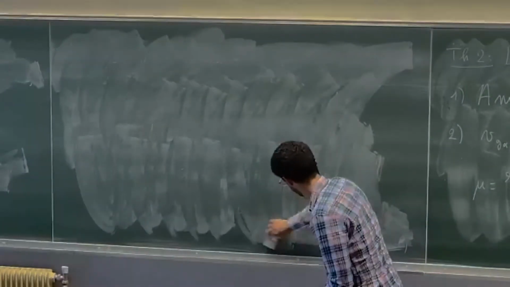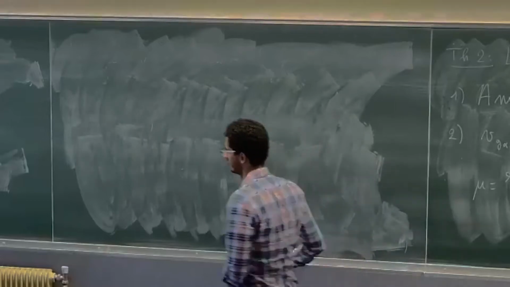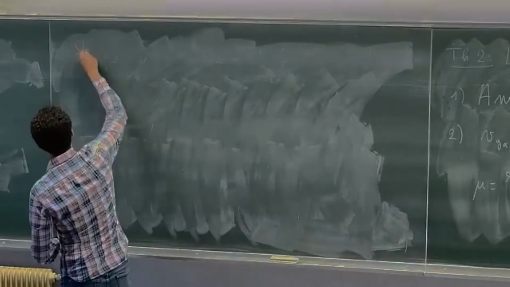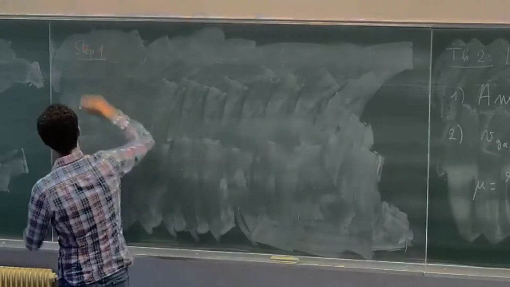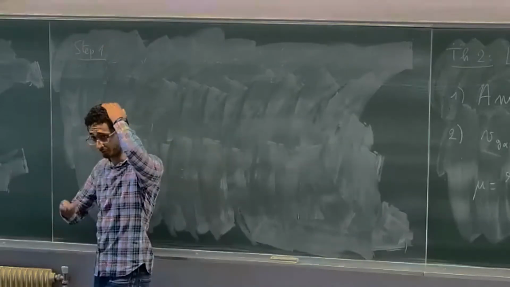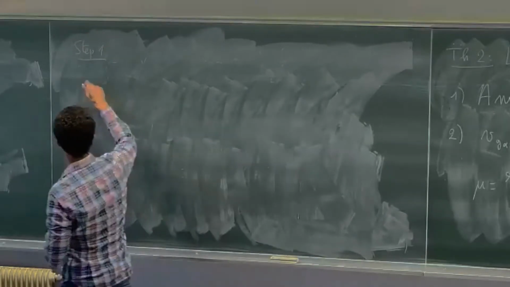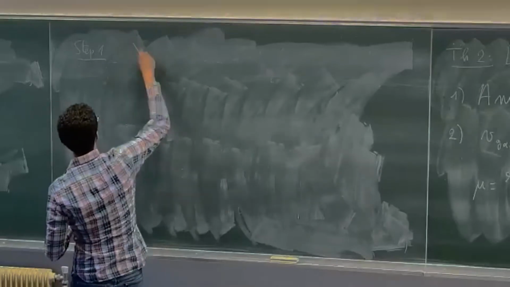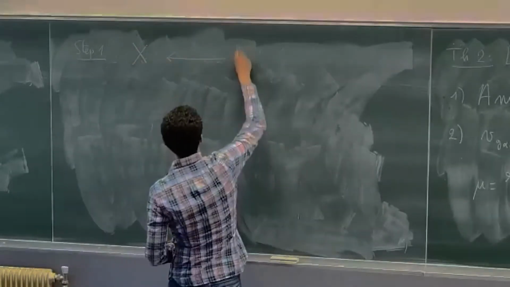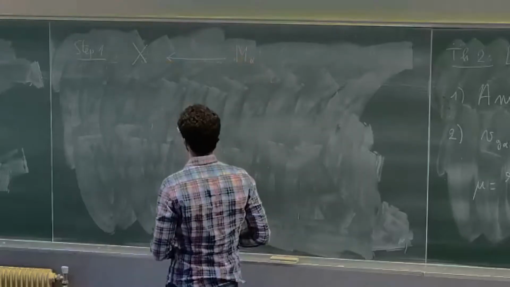So let me make a picture and explain. This is the first step. It's something quite common in the study of tangent cones of limit spaces. You take your space X, and you approximate it by definition with manifolds.